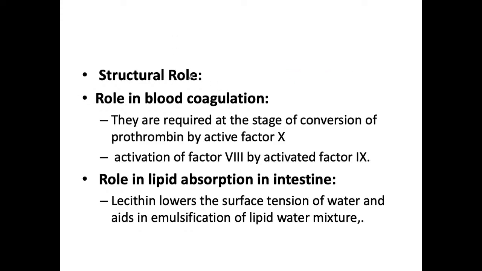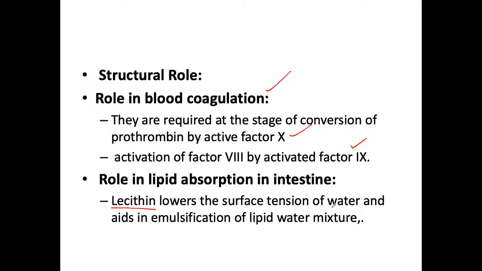Then what other roles are there besides structural? Their role in blood coagulation, as we had discussed. They are required at the stage of conversion of thrombin by activated factor X, and activation of factor 8 by activated factor 9, and have a role in lipid absorption in the intestine.